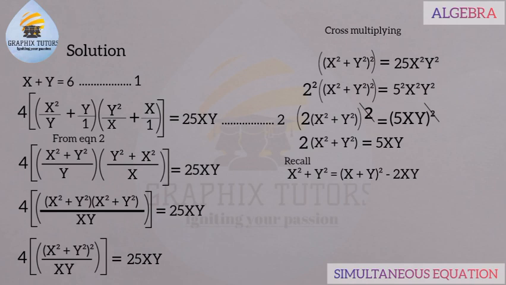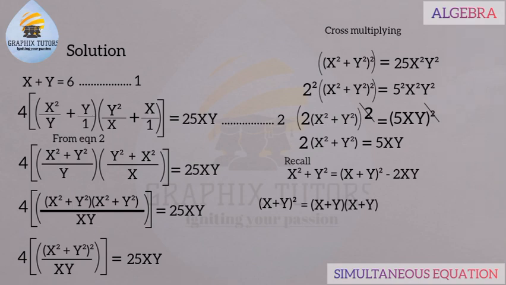Now you might be wondering, how do I come about this? If you recall, you can find your x squared and y squared in x plus y raised to the power of 2. If you expand that, you're going to have x plus y in brackets and x plus y in brackets.